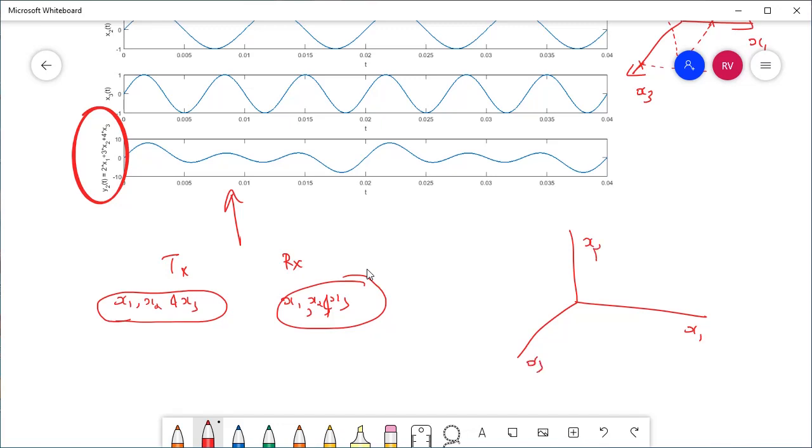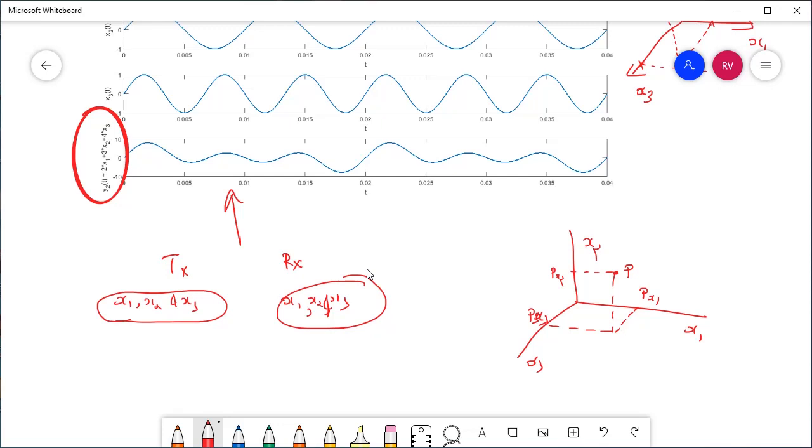Say this is the signal I am going to transmit. I don't have to transmit the signal itself, but I just need to transmit px1, px2 and px3, 3 different values.